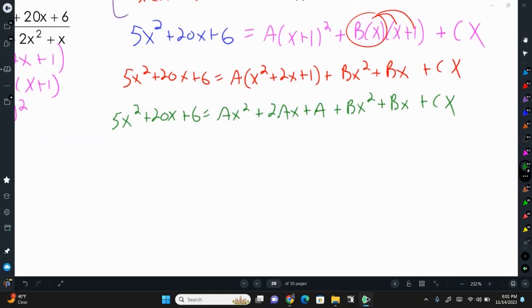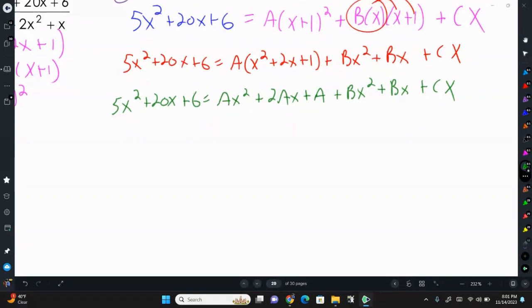So what we need to do then is to figure out and match up our terms. What I mean by that is that we have 5x squared. That means if we add ax squared and bx squared, that needs to equal 5x squared, meaning a plus b must equal 5.